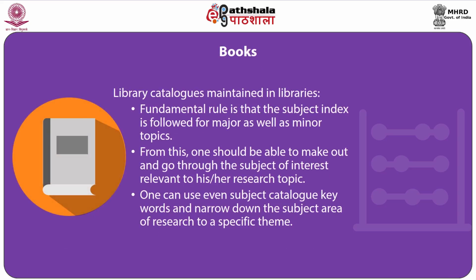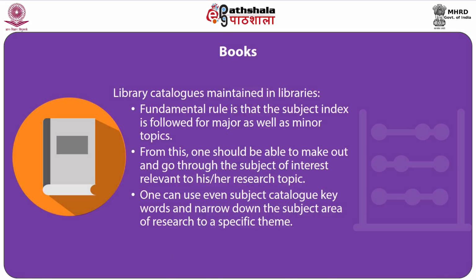Among the major sources of review of literature, books is the number one. The best place to look into the books is to look at library catalogs maintained in libraries. For the library catalog, the fundamental rule is that the subject index is followed for major as well as minor topics. From this, one should be able to make out and go through the subjects of interest relevant to his or her research topic.